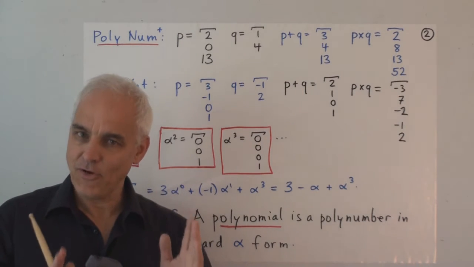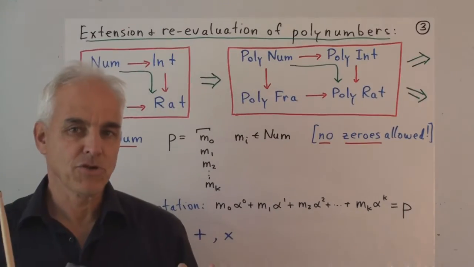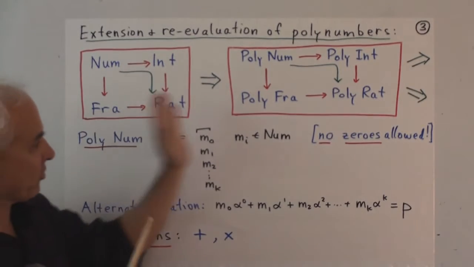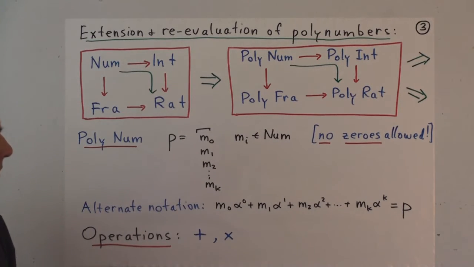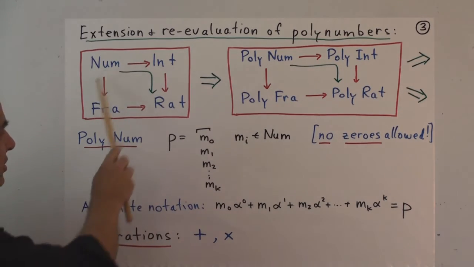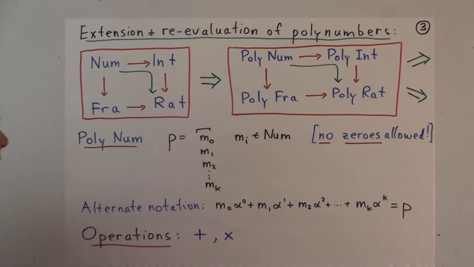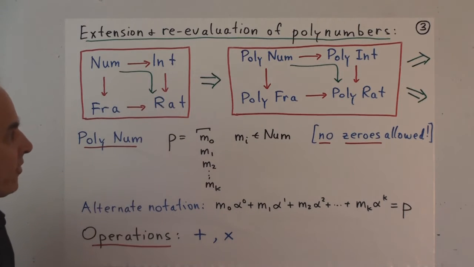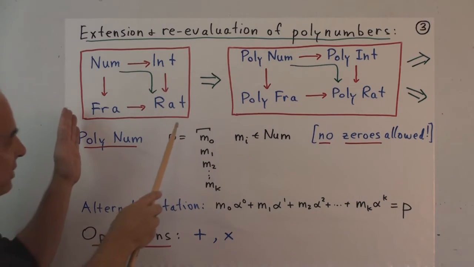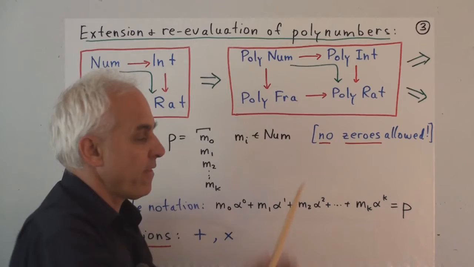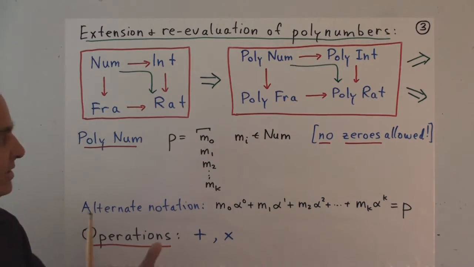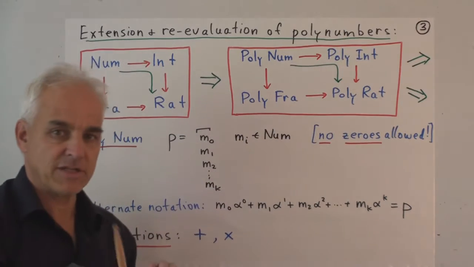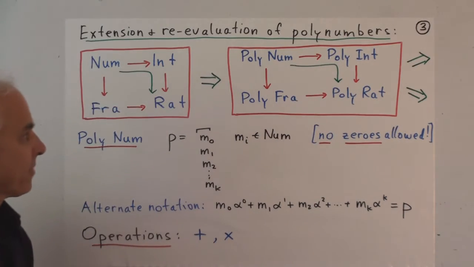That's what we've done so far. So I'd like to just back away one step now and have a look at the general picture that we're developing. We've talked about the various objects in ordinary arithmetic with natural numbers, integers, fractions, and rational numbers. And what I'd like to do now is introduce the idea that the poly situation is in some sense a mirror of this one, just up a level in complexity.